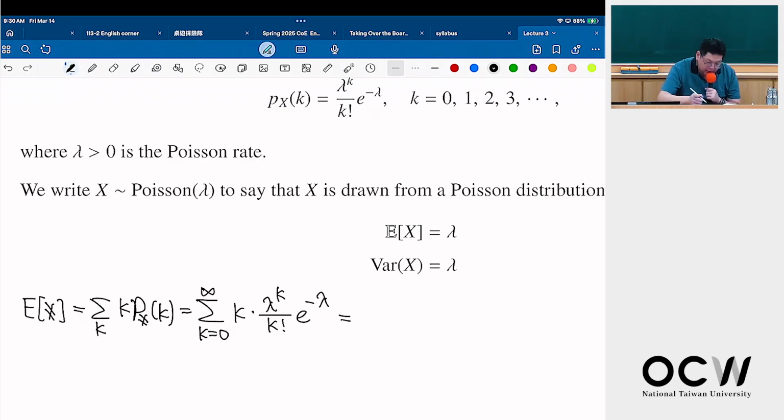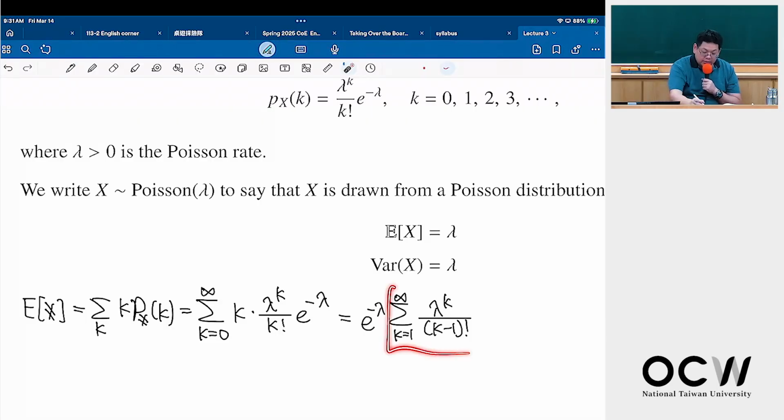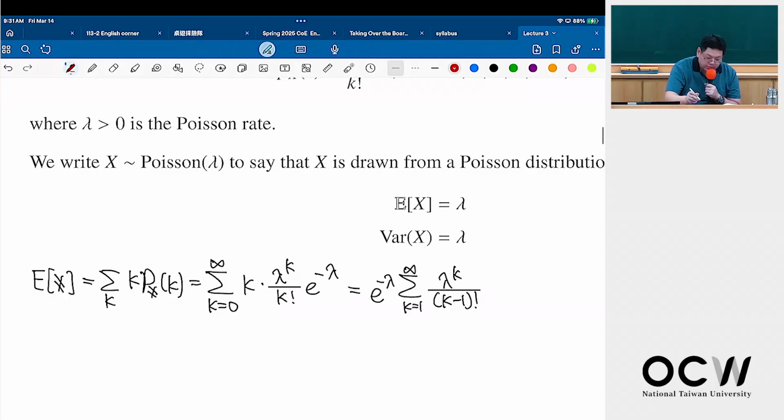Since e to the minus lambda is nothing related to k, so I just put it outside the summation. K from 1 to infinity, lambda to the k, divided by k minus 1 factorial. Now, how do we deal with this summation? So we just change the variable, that k prime equals k minus 1.